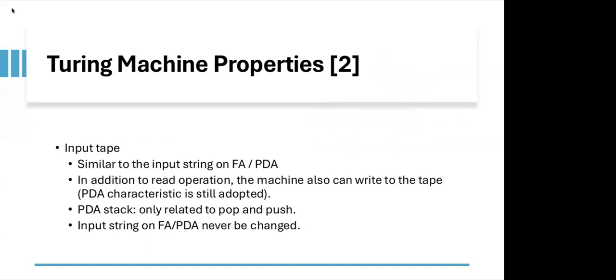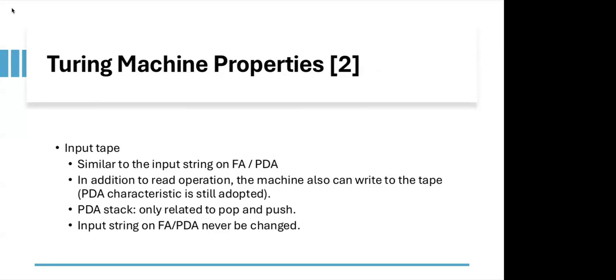The input here is similar to the input string on FA and also PDA, because what we have on the tape is the same as what we have in the input string. In addition to the read operation, the machine can also write to the tape.